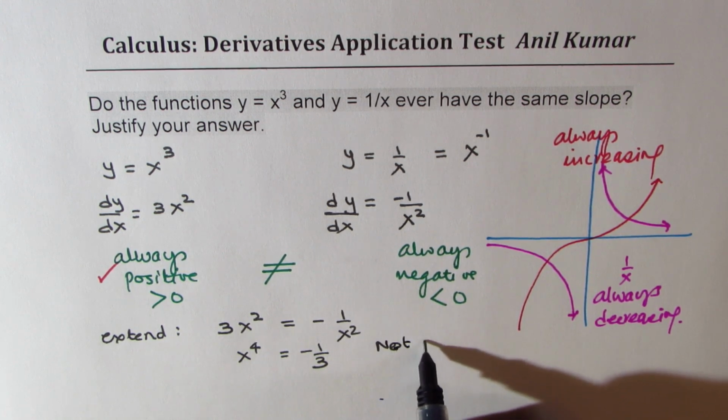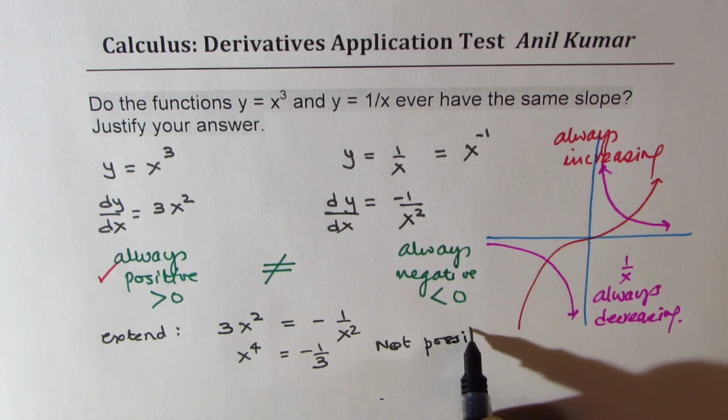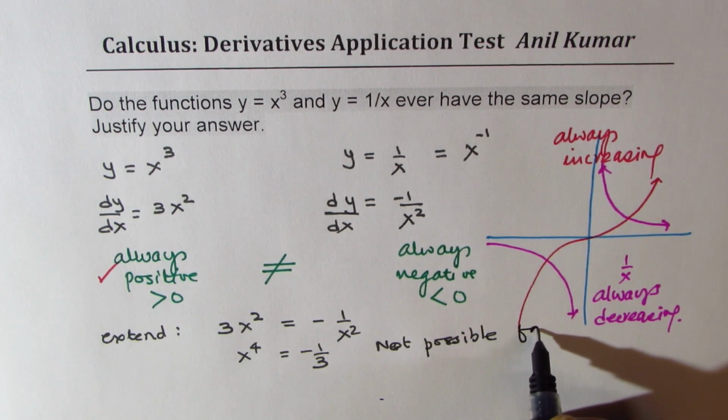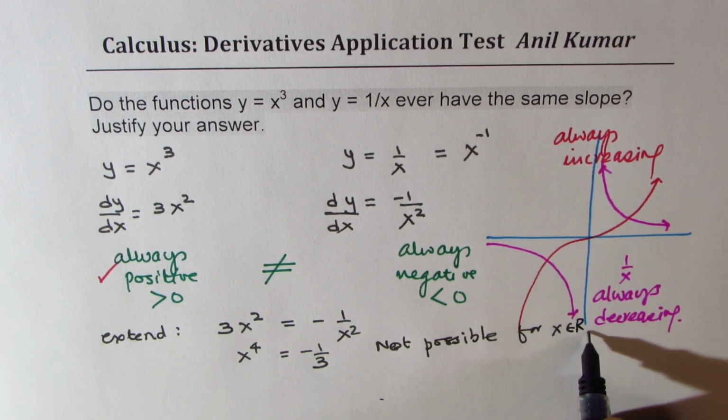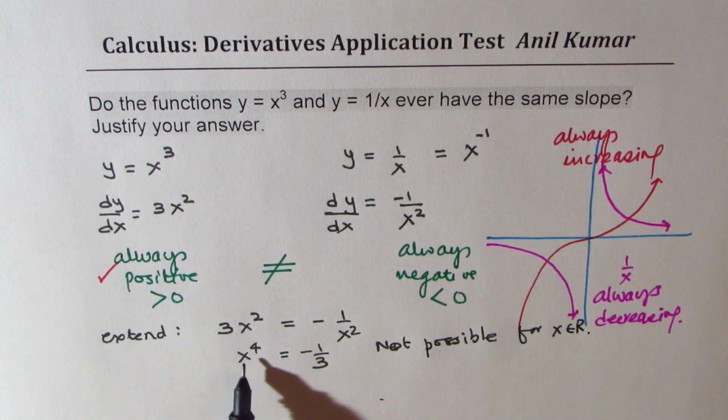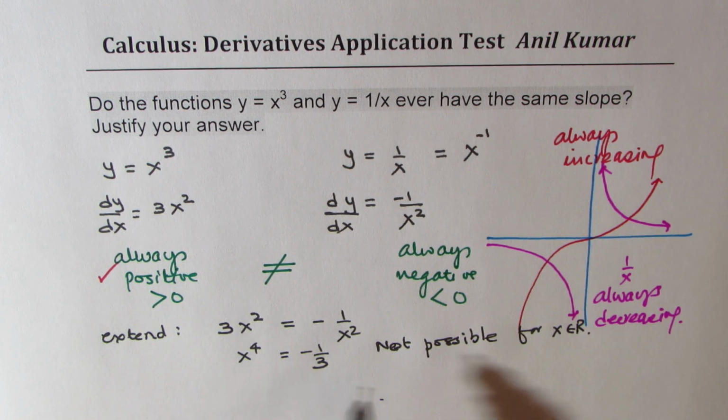I should say not possible for x belonging to real numbers, okay? Because x to the power of 4 is always positive. Is it okay? So these are different ways you could explain your answer. I hope this part is clear. Let's move on to the next question.